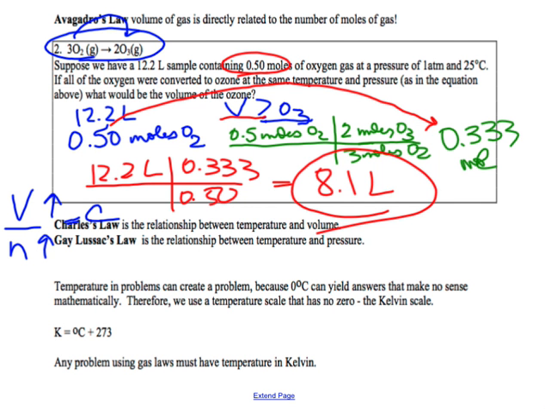Okay. Now we're going to look at our gas laws that are involved in temperature. Temperature is a little bit crucial to pay attention to because it's the one thing that I care about the units. Our units have to be in what? Who remembers? Kelvin. Why Kelvin?